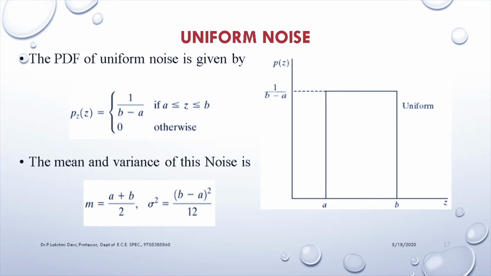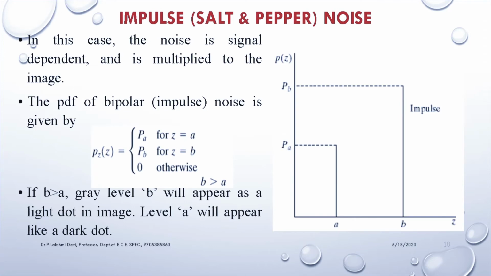Then coming to the last one, the sixth one, impulse or salt and pepper noise. In this case, the noise is signal dependent and is multiplied to the image. The probability distribution function of bipolar noise, impulse noise, or salt and pepper noise. These are all synonyms of this noise.